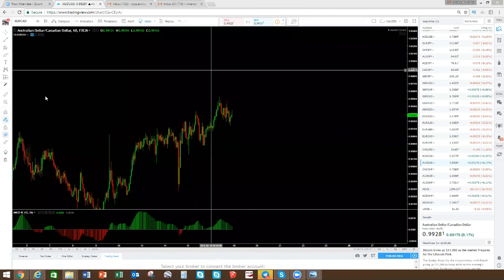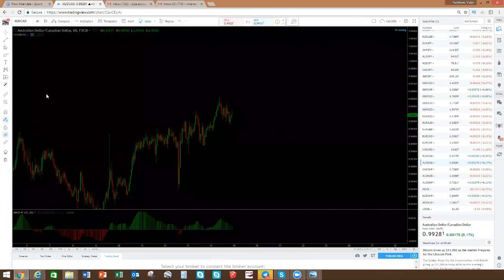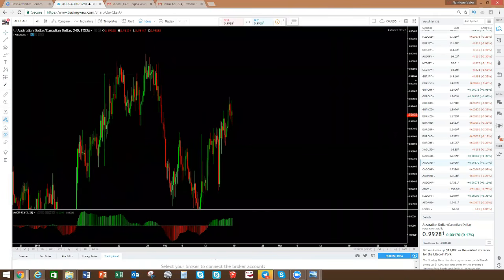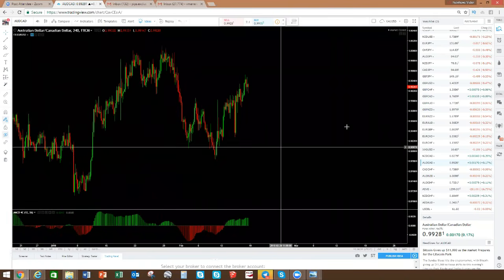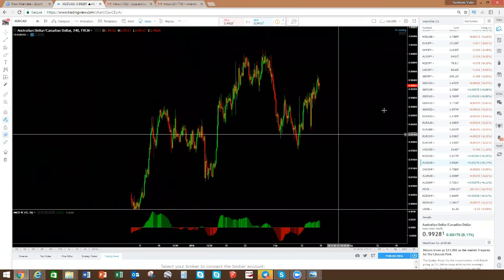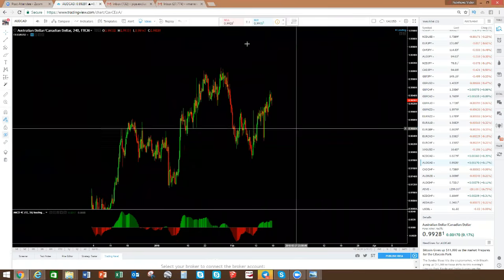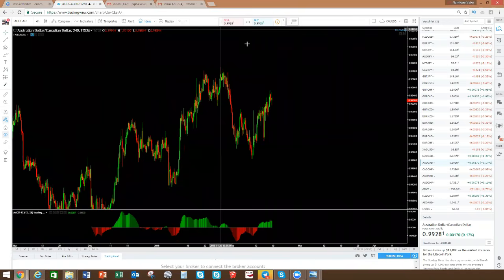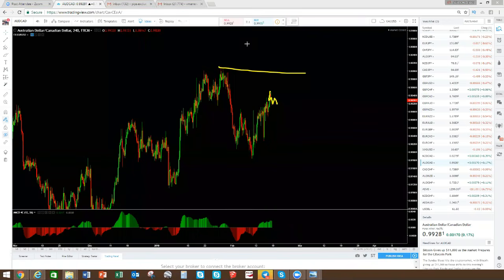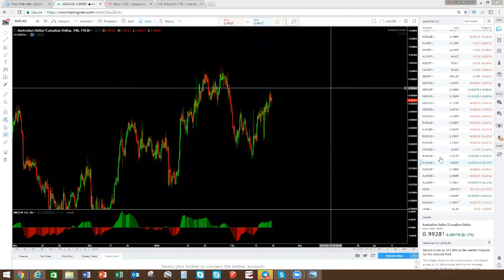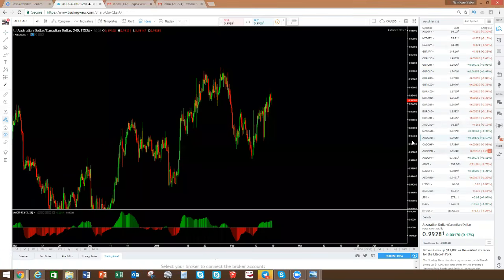Let's go 4 hour. So AUDCAD could come back and retest this level here. So any corrective structure like the one that you're getting on the 1 hour here, you take it to that level first. All right, so that essentially covers it.